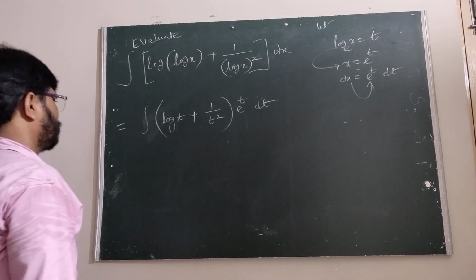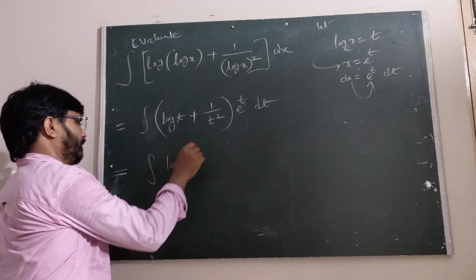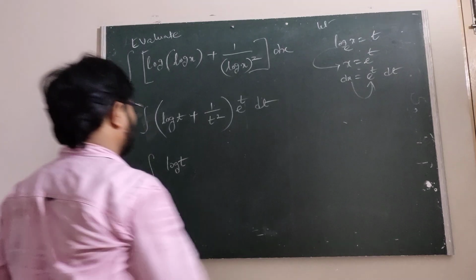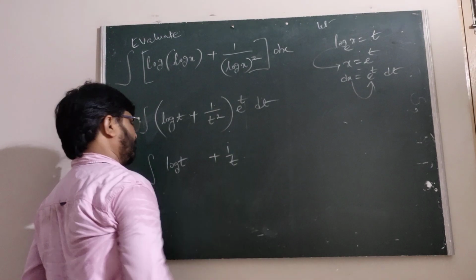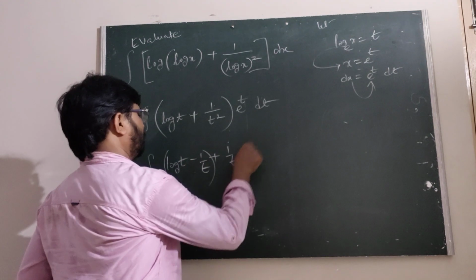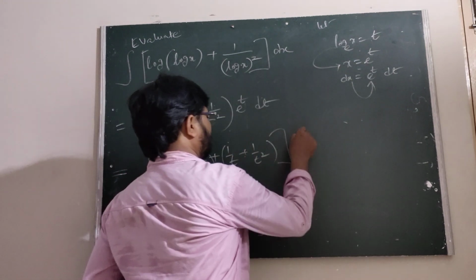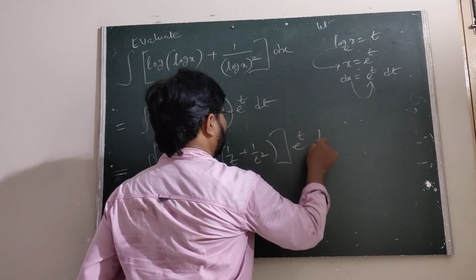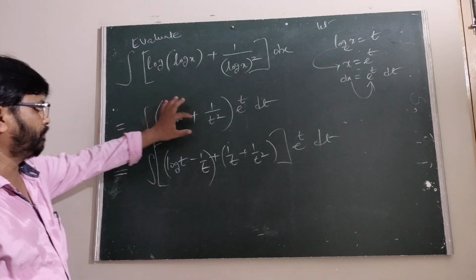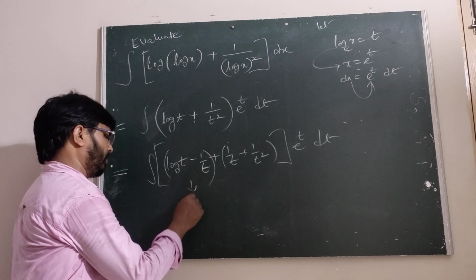How to evaluate this one? First we know that the derivative of log t is 1 by t. We take plus 1 by t and minus 1 by t, so the remaining terms are log t minus 1 by t plus 1 by t square.